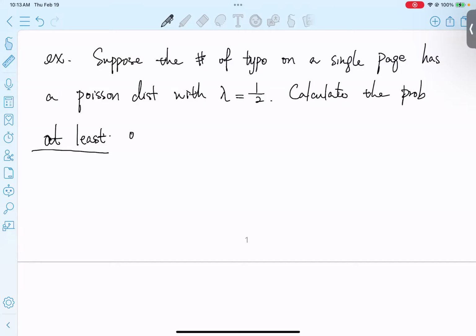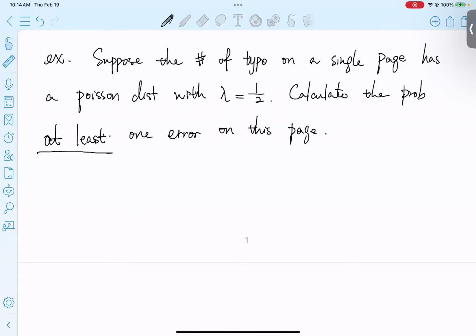At least one error on this page. Whenever you see this at least kind of problem, we have also seen this before, but let me elaborate again for when you see at least or at most this kind of problem.